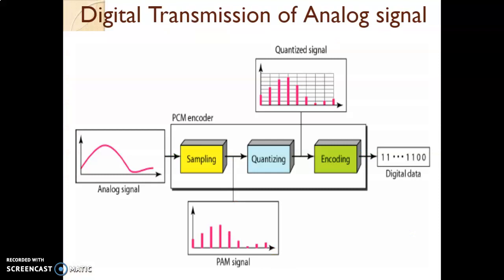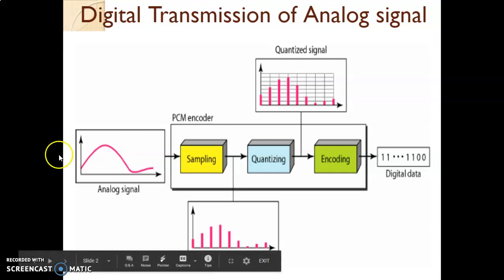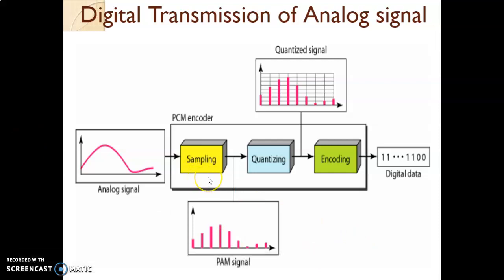So we will understand with the help of this block diagram how analog signals are converted to digital signals. When we are converting analog signal to digital signal, it is a three-step process. The first step is sampling, which we have already seen.